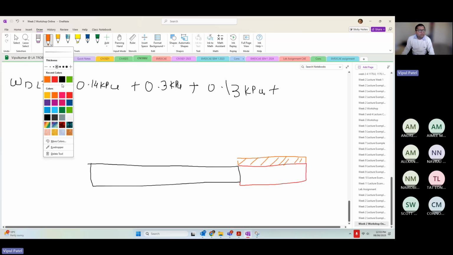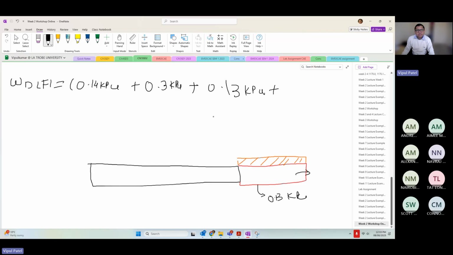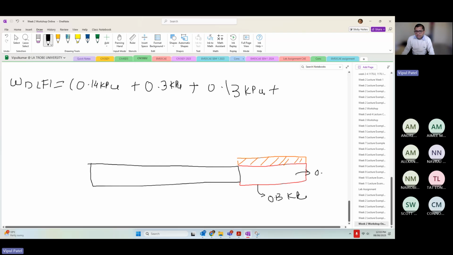So what we're going to talk about is that this one is 0.13 kilopascals. This truss is 0.3 kilopascals. This floorboard is 0.14 kilopascals.